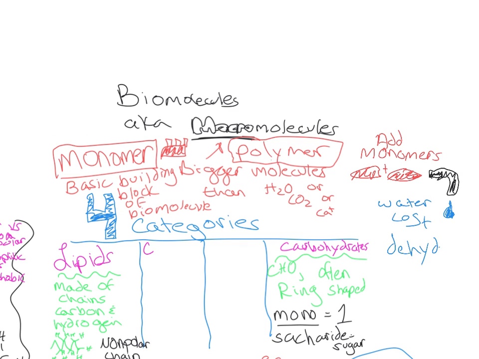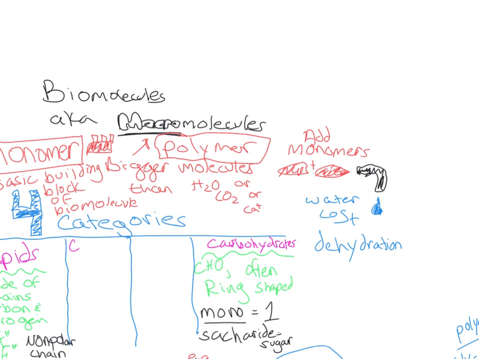Dehydration synthesis is when water is lost, just like when we lose water, we're dehydrated. But a bigger molecule is formed. Okay, so now we have 2. So whether we're making a disaccharide or a polysaccharide, as long as we're combining them, you can call it a longer or bigger molecule synthesized.